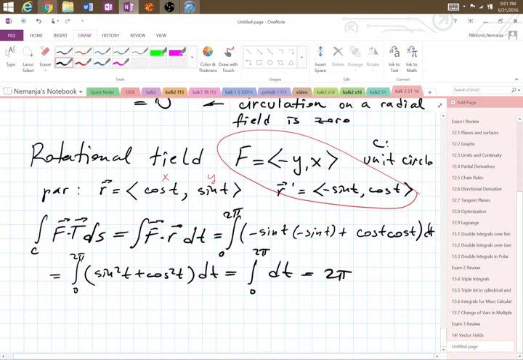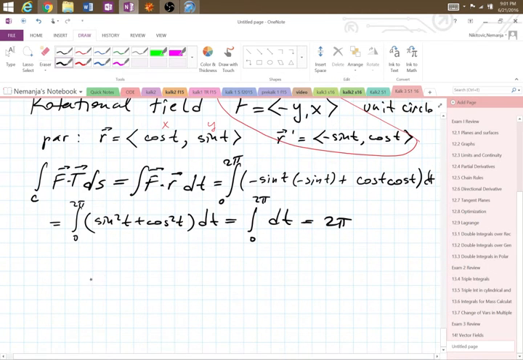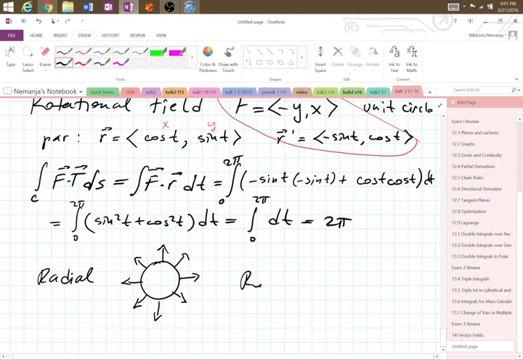Finally. Wow. So we see that we are getting circulation on the rotational field. We are not getting circulation on the radial field. And as soon as I show you these pictures from the textbook, it makes sense. So we have the two images there, radial and then rotational.